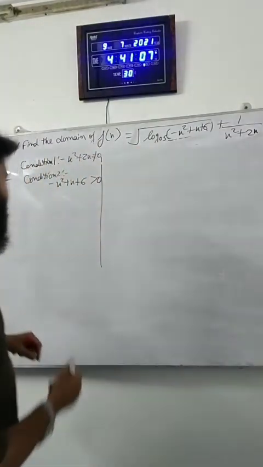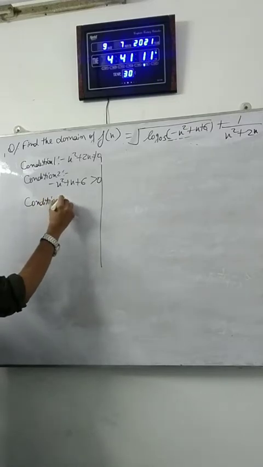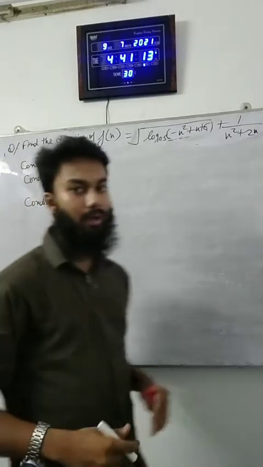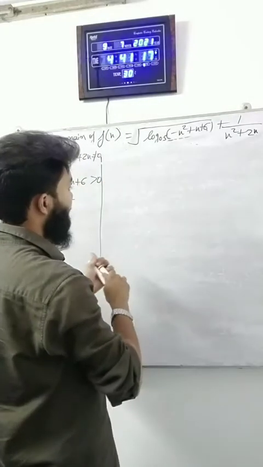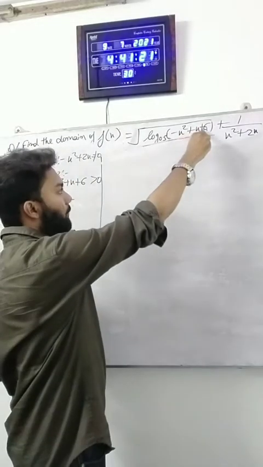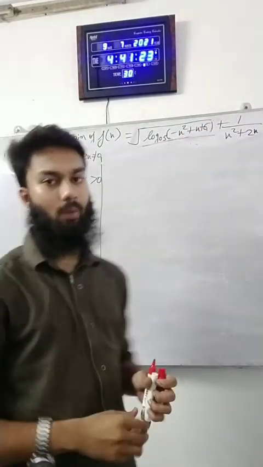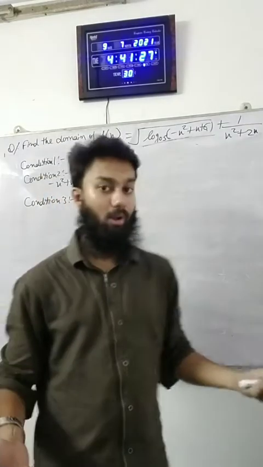Now comes the third condition, because under root is also present over here. We know that square root is only defined when the expression inside the square root, log base 0.5 of (minus x square plus x plus 6), is greater than or equal to 0. Otherwise under root will not be defined.